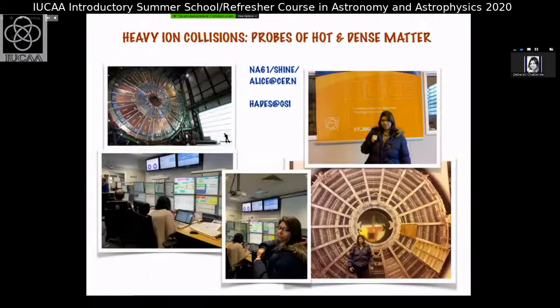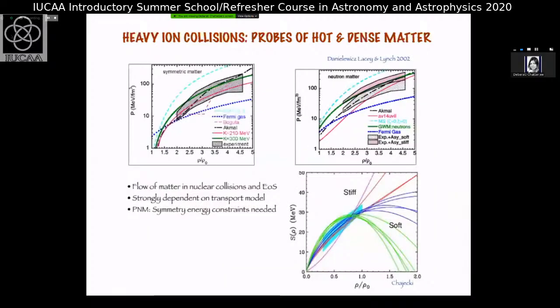Heavy ion collisions that I talked about probe the hot and dense part of the QCD phase diagram. And interestingly, they also give us some complementary information about nuclear matter. But the matter studied in such systems is hot and dense, and it's also symmetric in neutron-proton ratio.